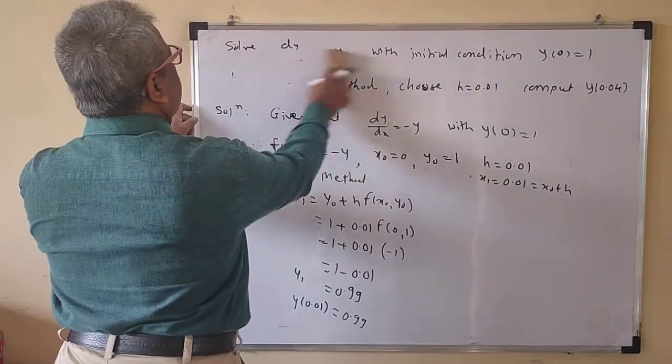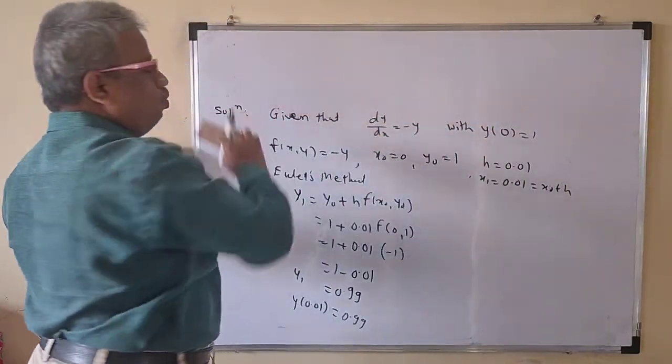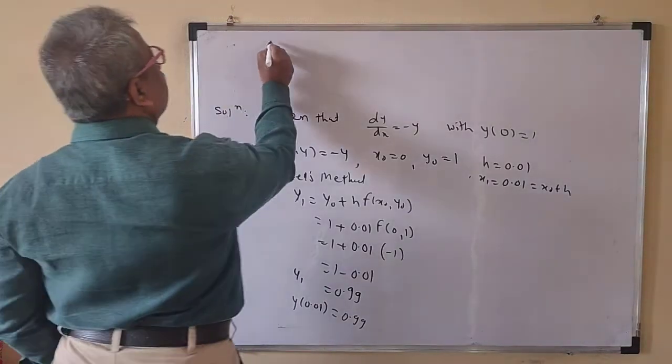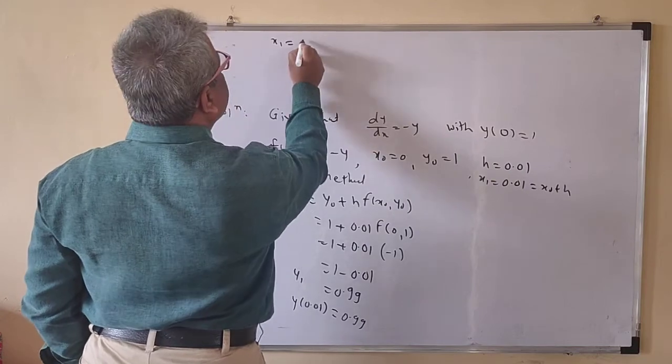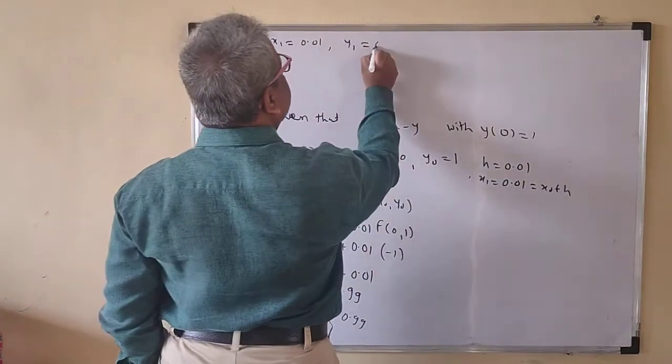Okay, so we find the next one now. We have to find y of 0.04. So now here x1 is equal to 0.01, y1 is equal to 0.99.